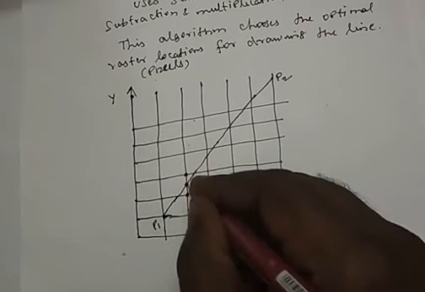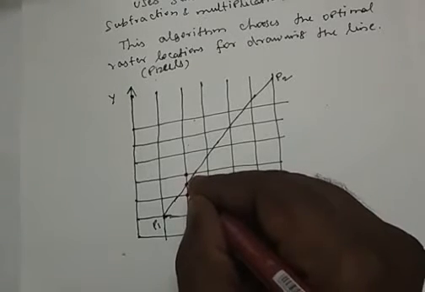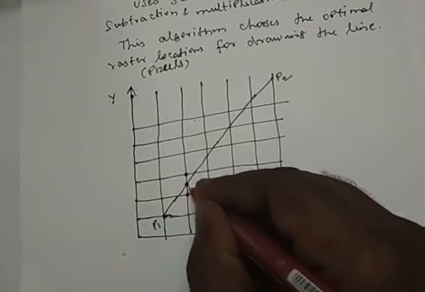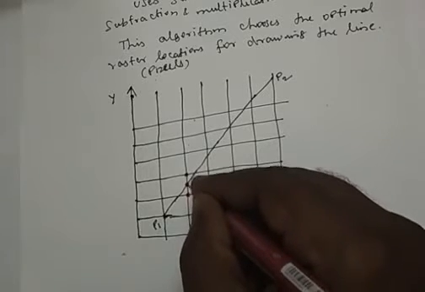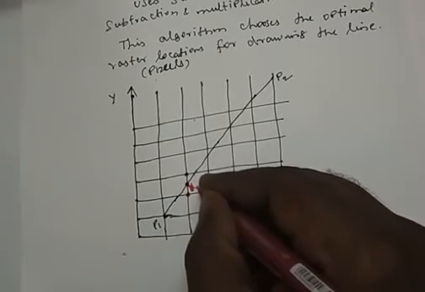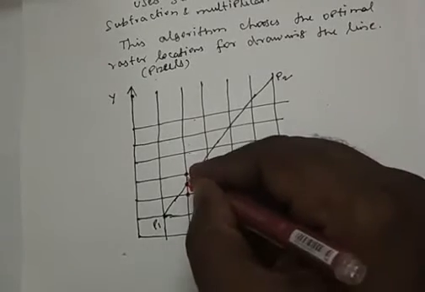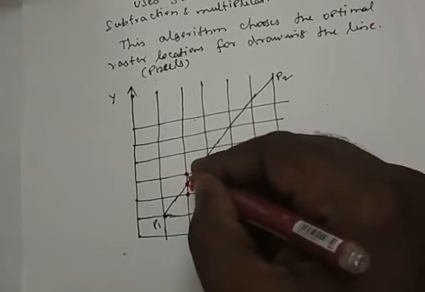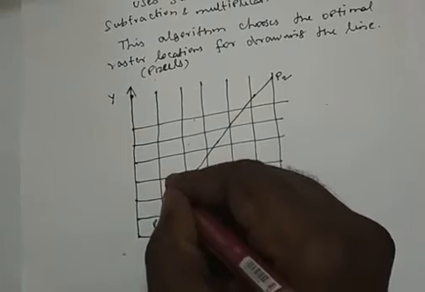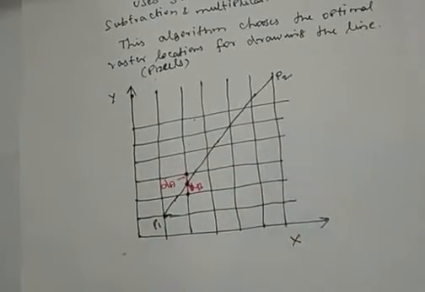Say for example, this is the actual intersecting point, and the distance between this point and this point is called the distance below. It is called dB here. And the distance between this point and this point is called the distance above. Now I have 2 points here.